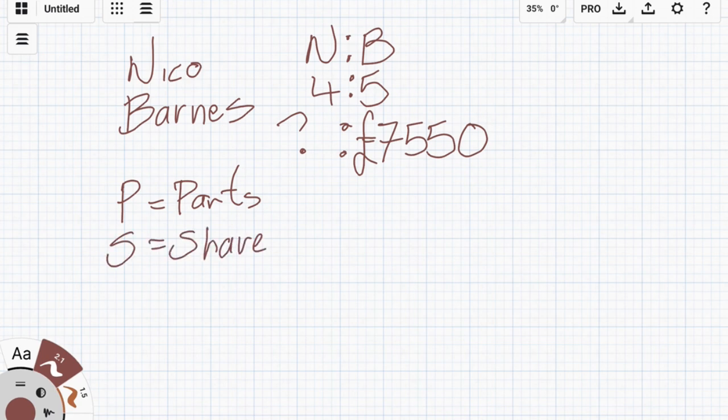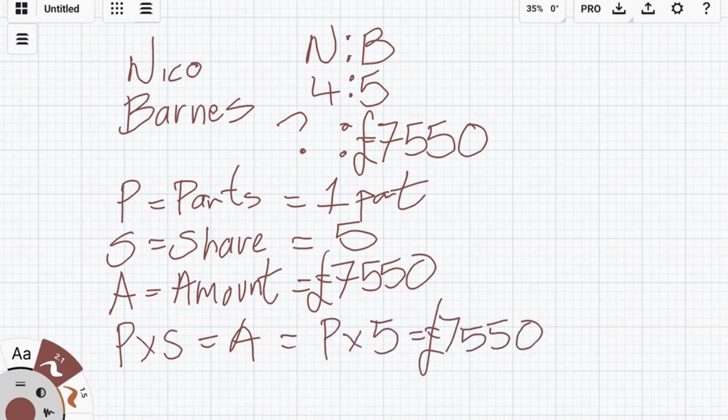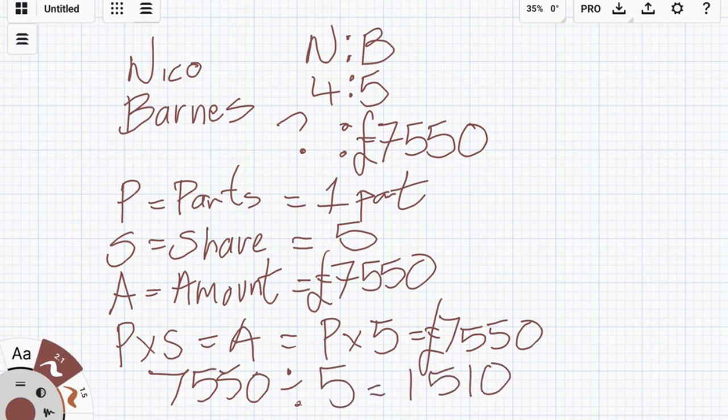This is essentially a reverse calculation, where we normally multiply the part P by the share S to get the amount A. 4 plus 5 equals 9 parts, so P times S equals A. P equals 1 part, S equals 5, A equals £7,550. P by 5 equals 7,550.